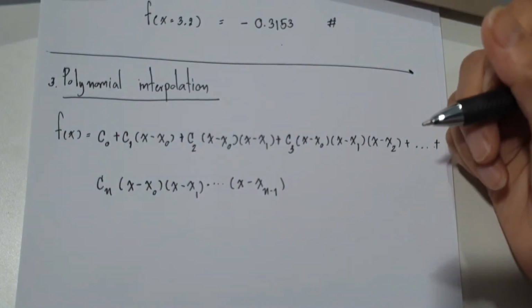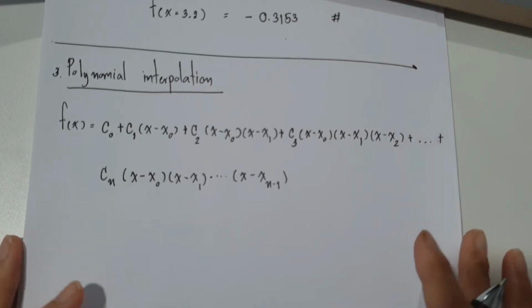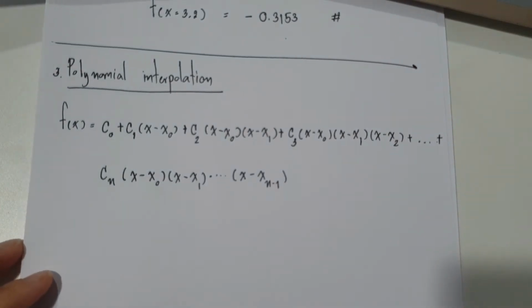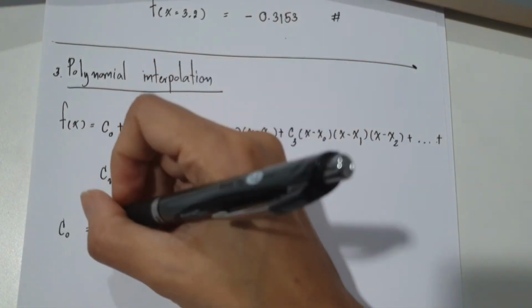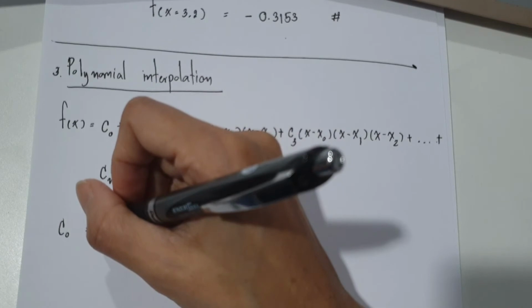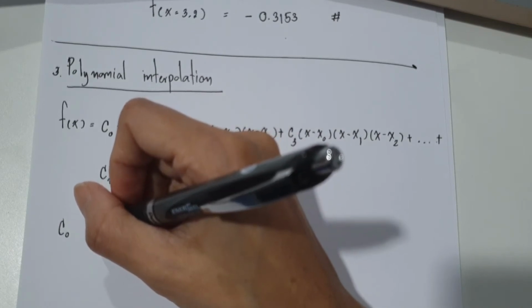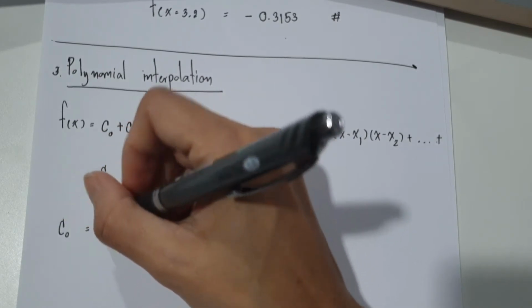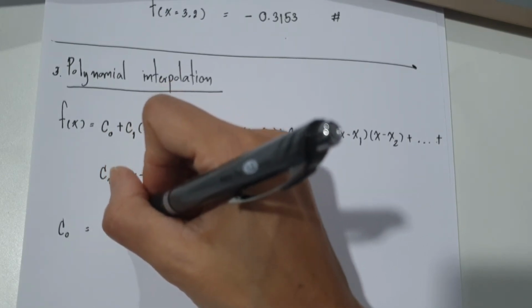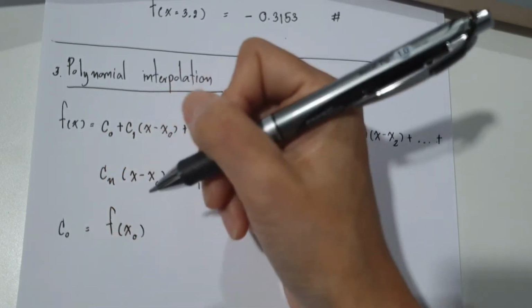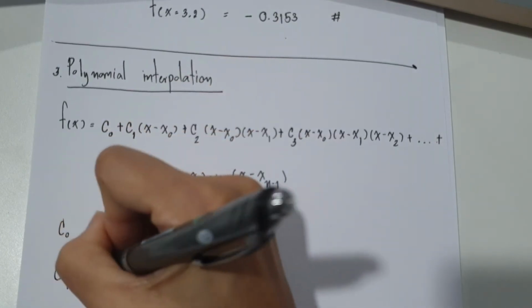Okay. So Newton divided difference tries to create a form that you can use simply. At C0, you find from the last two interpolations, linear and quadratic, that C0 is f(x0), right? And also C1.